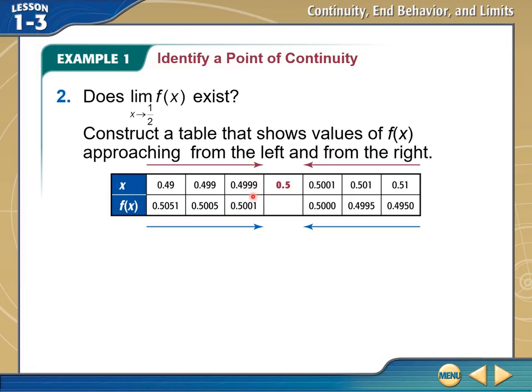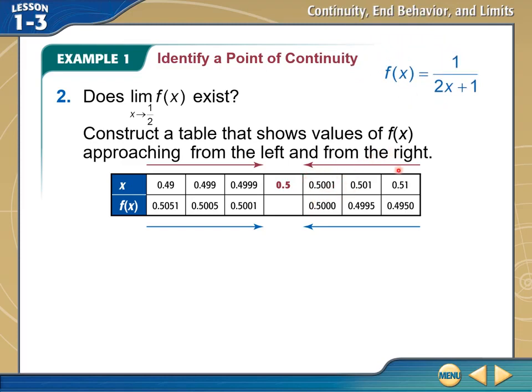I'm doing this because if I start with 0.49, I will not be as certain of my answer to the limit as if I'm using a number that is very close to 0.5. So 0.4999 is closer than 0.49, of course, to 0.5. And here are the f of x. How did I get these answers? By substituting in my function that was given in the previous slide.